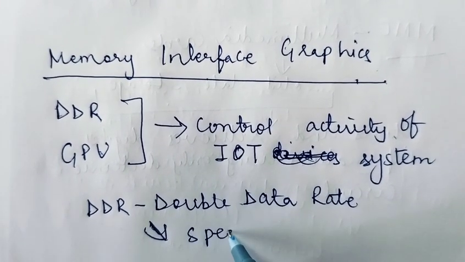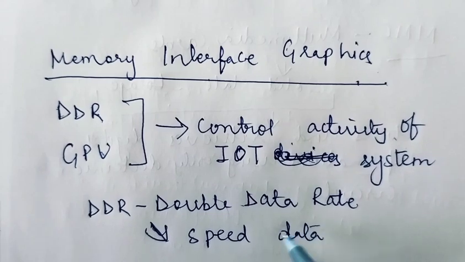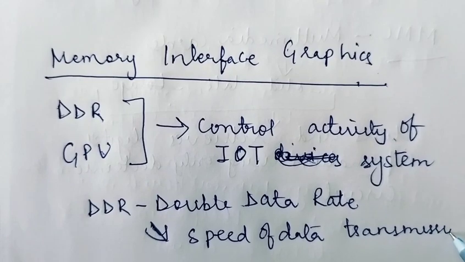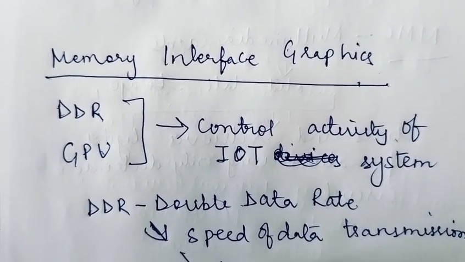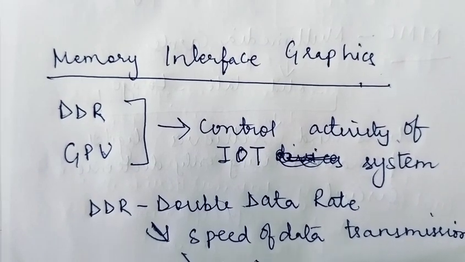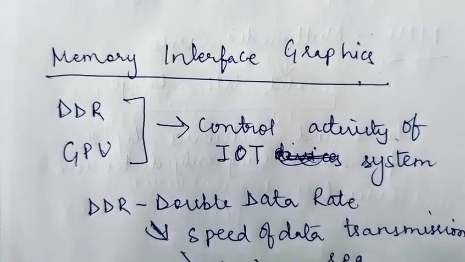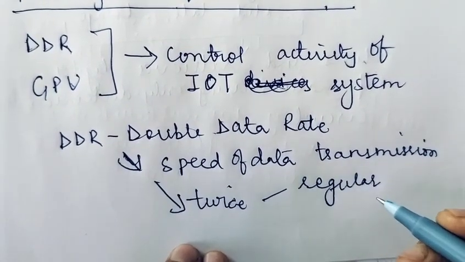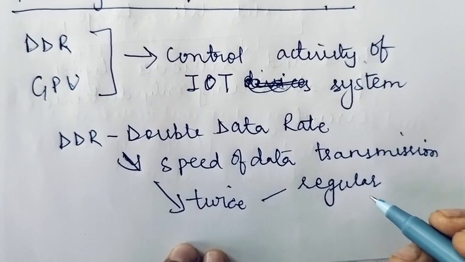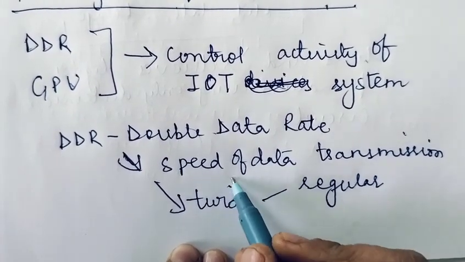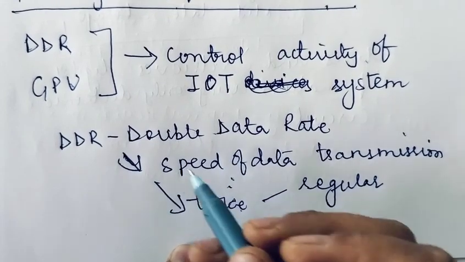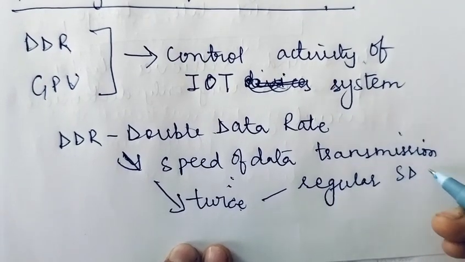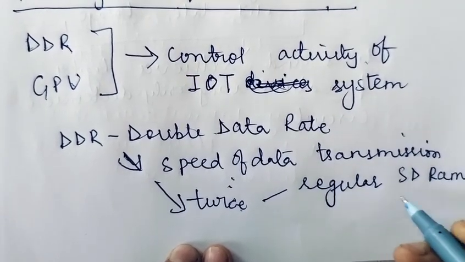The speed of data transmission is twice as compared to your regular SD RAMs. As compared to the regular SD RAMs, the speed of data transmission provided by the DDR or the double data rate cards is twice.